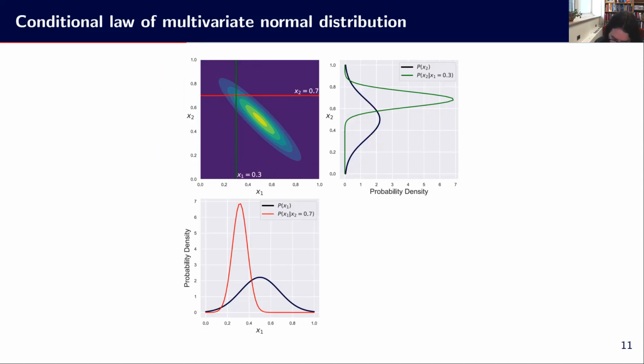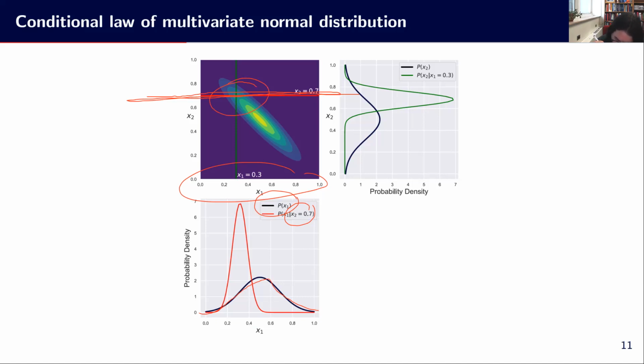Likewise, if we are looking at the spread of x1 without any condition, so the whole domain here, we have the black curve, which shows us a big distribution. And if we are looking at the condition of x2 equal to 0.7, which is basically the slice here with the red line, we see that it is basically concentrated there.